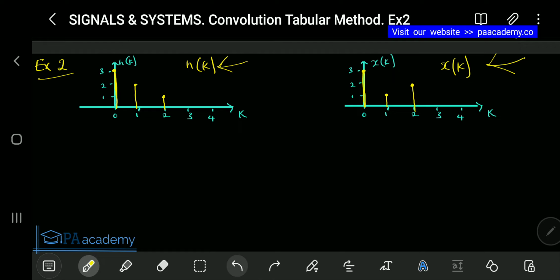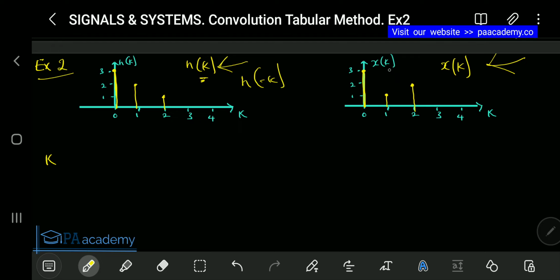Alright, so now let's get started. To start with, we're going to have our table, so let me have our k. For this k, we are going to start from minus 2, because just like we did before, it's our h of k that we are going to flip to give us our h of minus k.